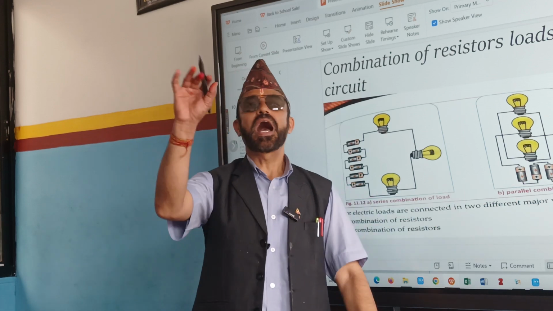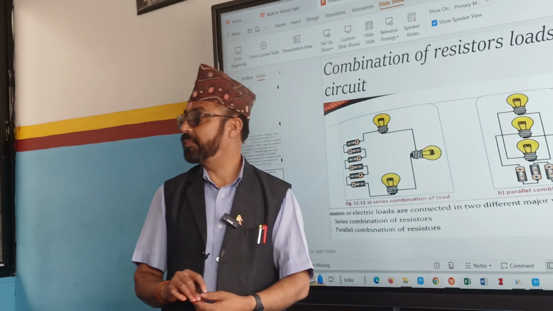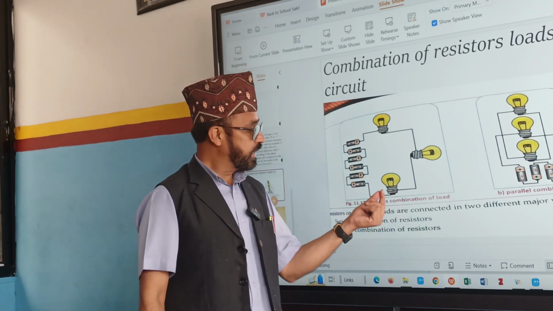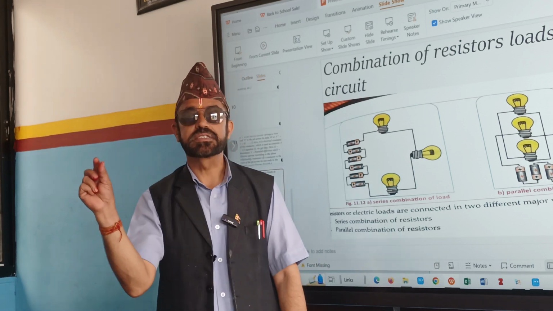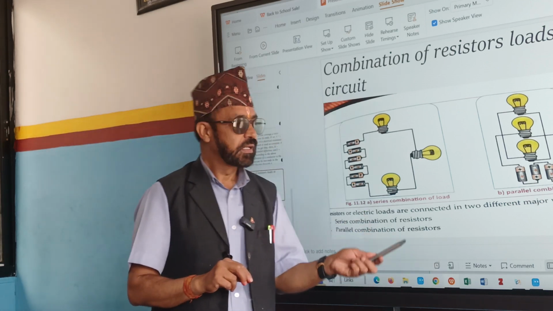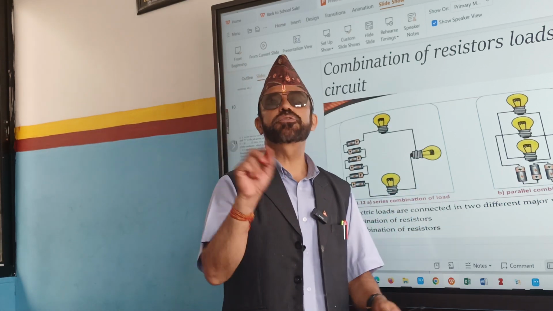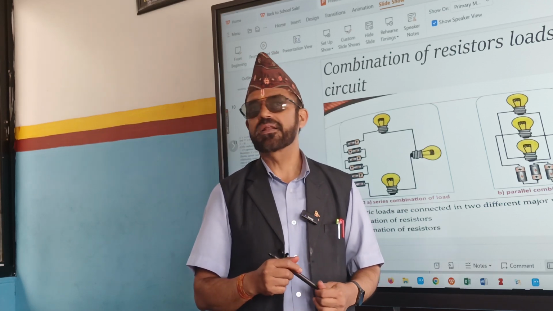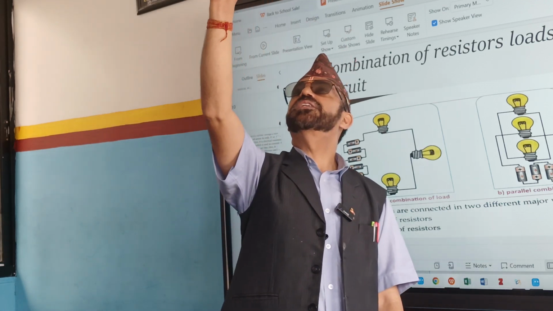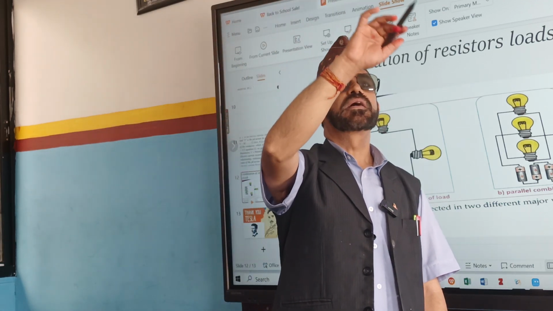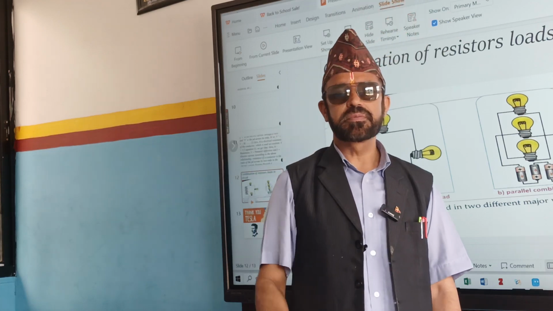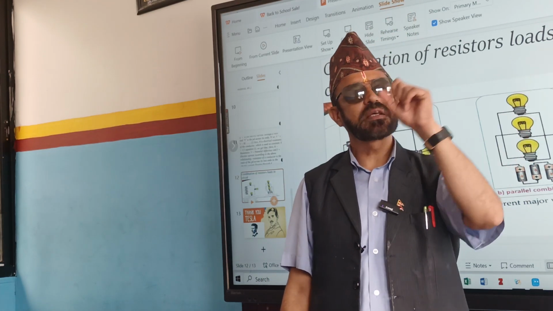Parallel. How to know whether that is series or parallel? If they can be operated with only one switch, that is series connection. If they can be operated with different switches, what is that? Parallel connection. In our class, there is a bulb, there is a fan, and outside also there is a bulb, right? So, how many switches are there?